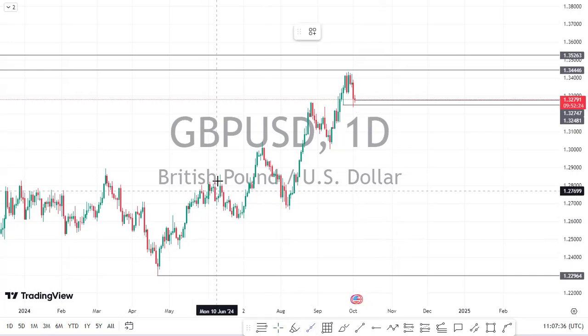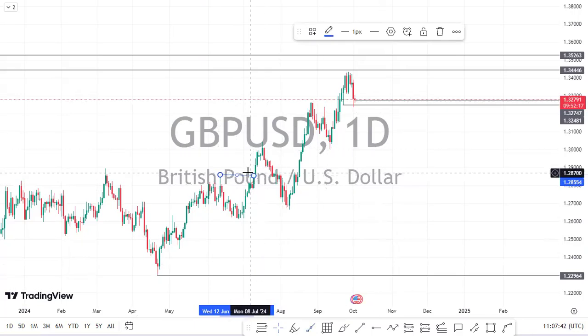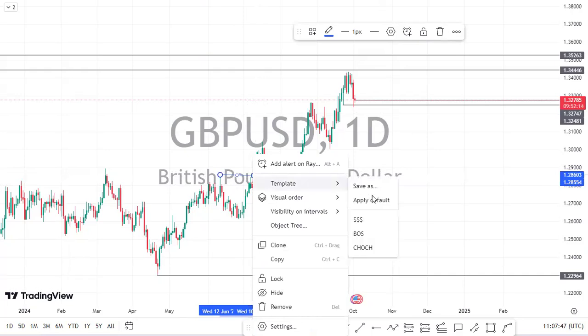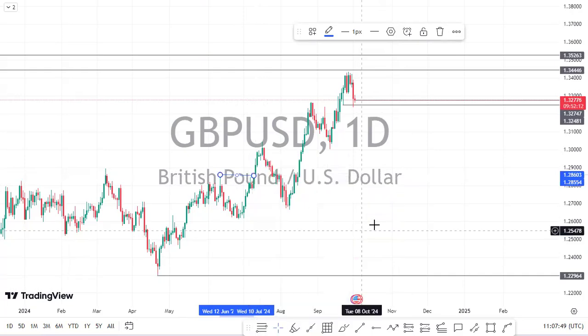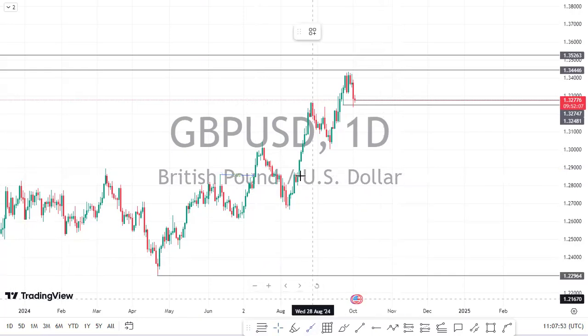Now let's quickly map out our break of structure, our market order flow. Why do we need to do this? It's very, very important so that we know the order flow, we know where we are in the market.